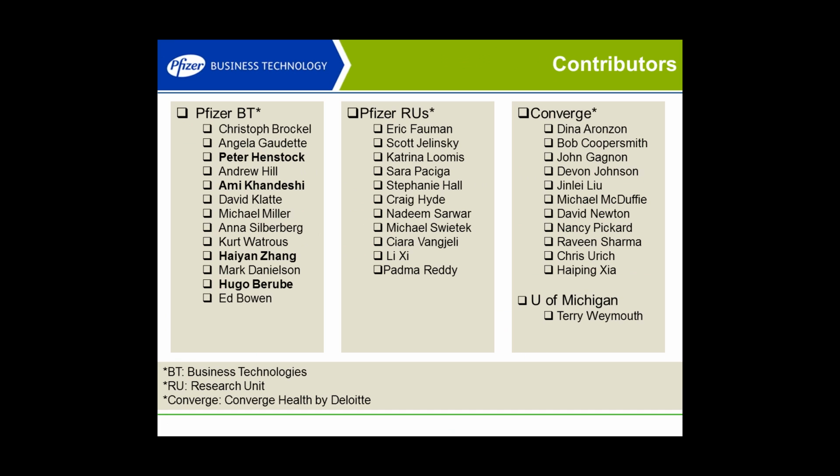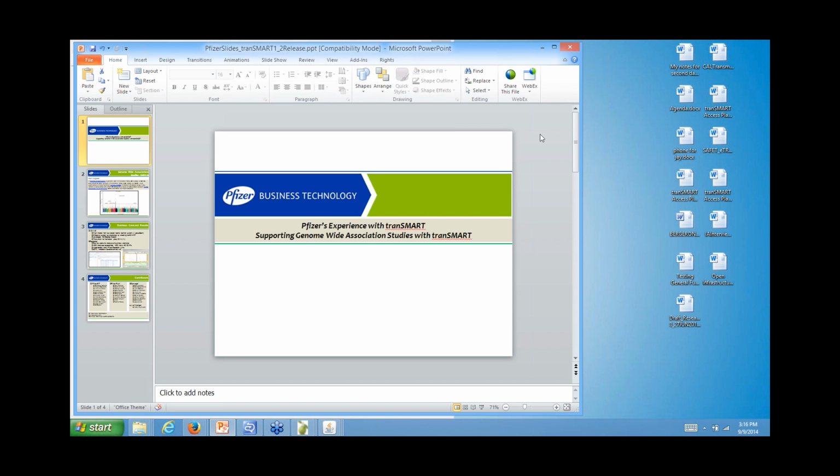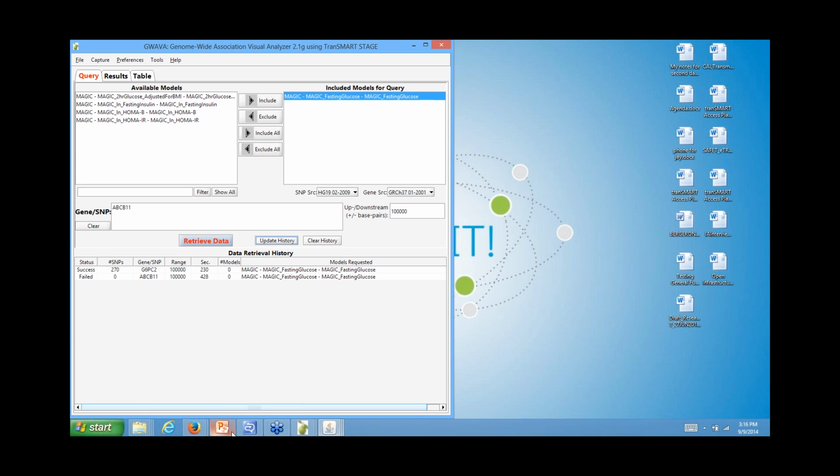Ami Kandeshi, who recently left the company, was our technical lead for quite a while and worked with Terry to try to get this in. And really call out Haiyan Zhang and Hugo Berube. Hugo is our new technical lead who took over for Ami, and they've been instrumental to try to ensure that this was working for the foundation.